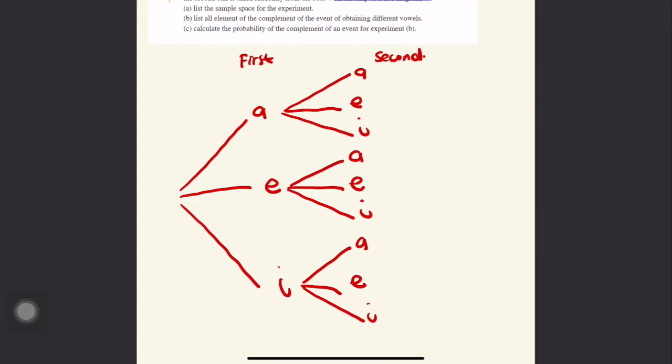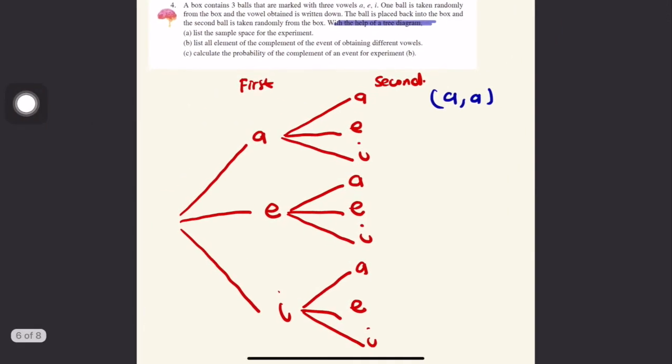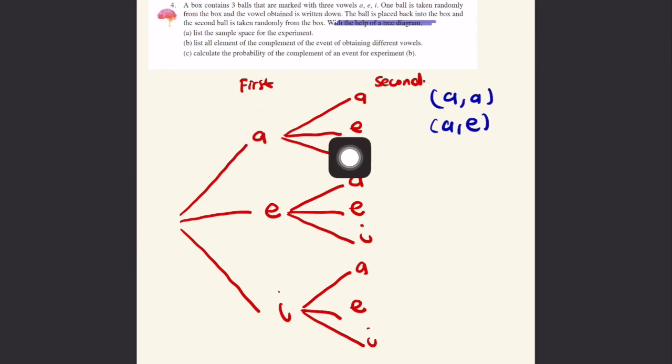Okay, so kita punya ending sample space, mungkin awak akan dapat A. Tulislah A. Mungkin awak akan dapat A, E. Mungkin dapat A, I. Boleh?